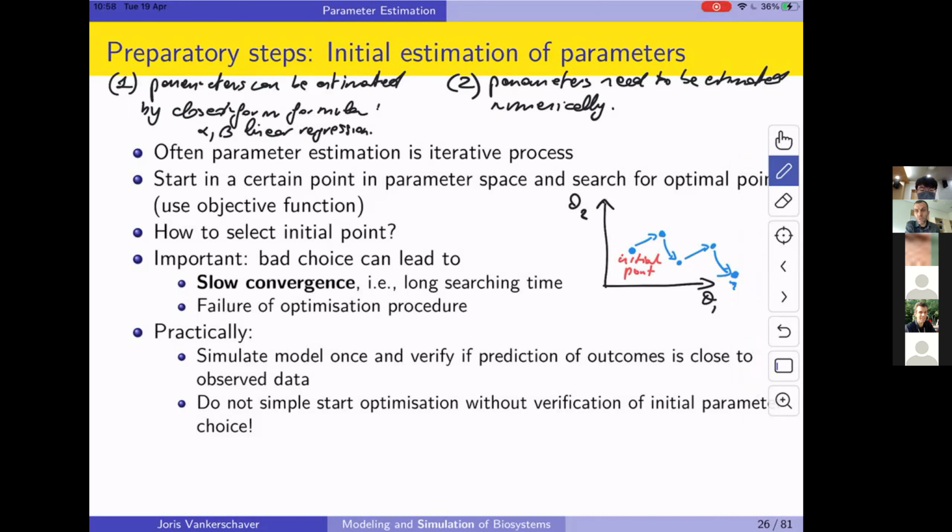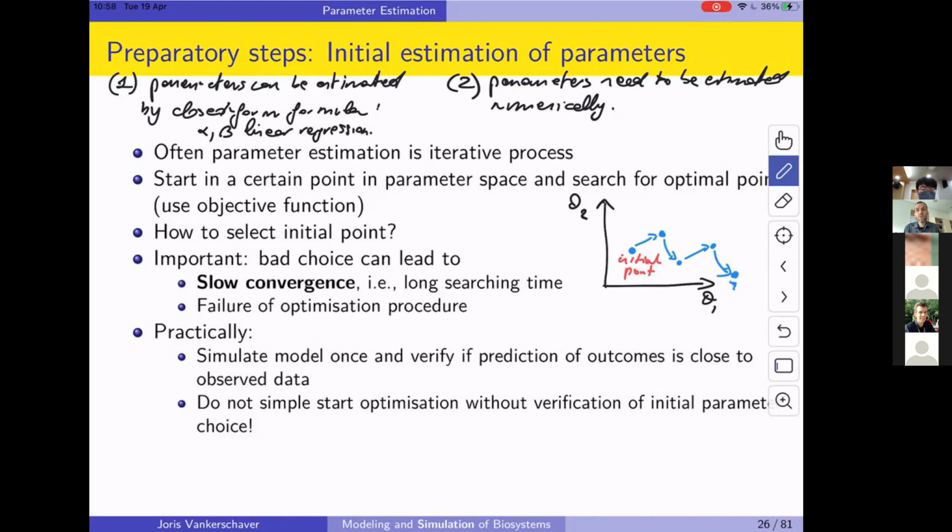Well, the bad news is that most of these methods tend to be sensitive to how you choose that initial point. There can be choices where the optimizer has to do a lot of work to start from your chosen initial condition and bring it to something that actually makes the objective function minimal.